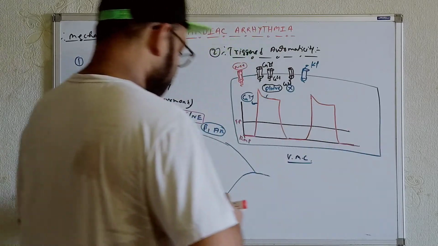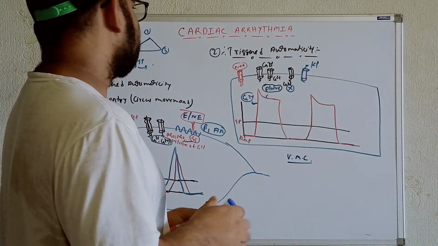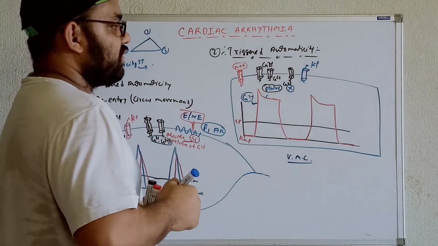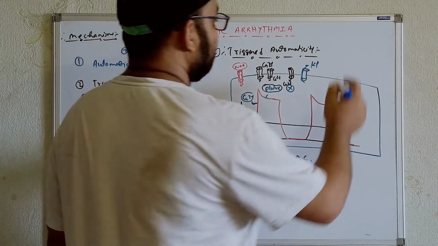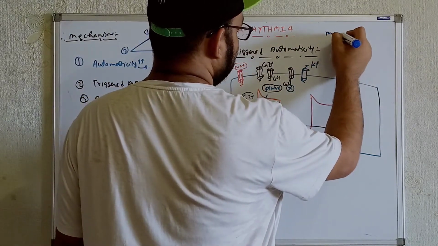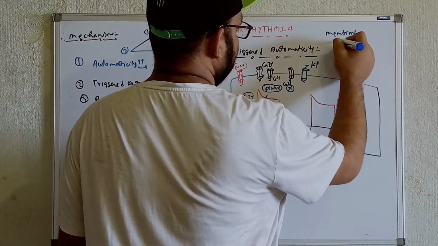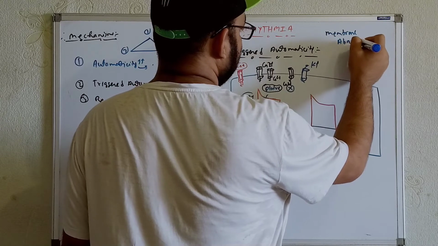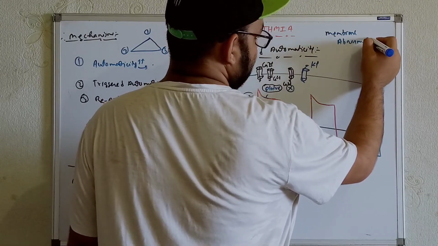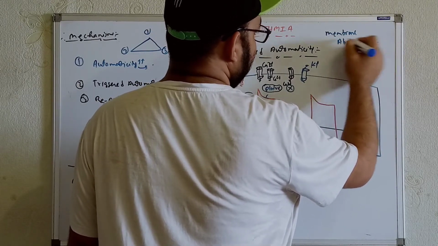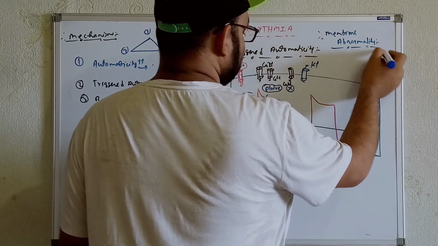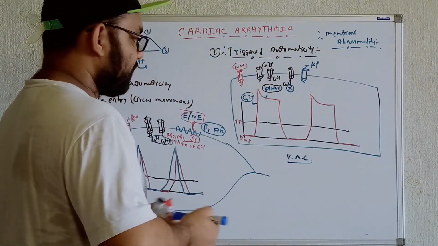Okay. Now why did I mention triggered automaticity? Triggered automaticity means that for whatever the reasons, if we get membrane abnormalities, we will get origination of new action potentials.